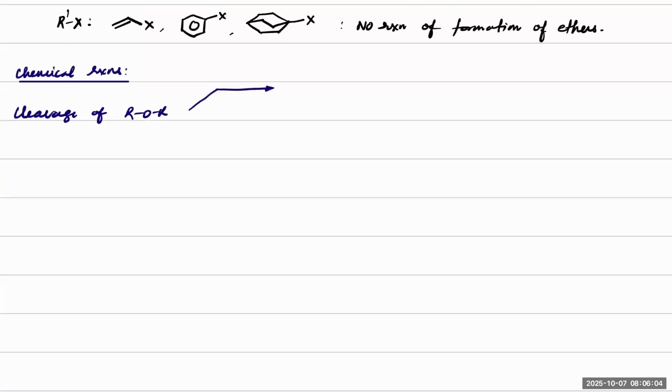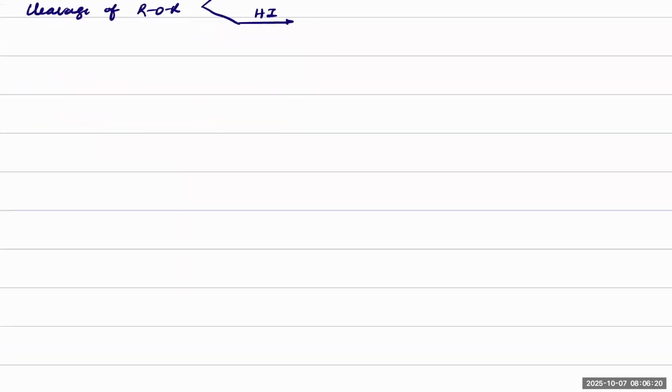And this cleavage can be done by only two reactions. One is via acidic hydrolysis, and one is via HI. So only these two will make that reaction happen. You only have to learn these two reactions, got it? So let's see one by one in which case what will happen.